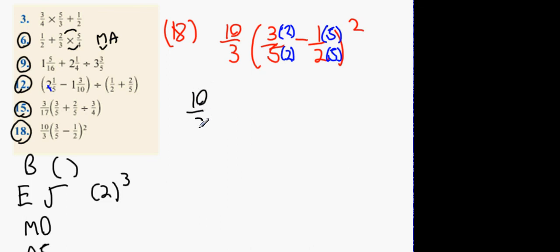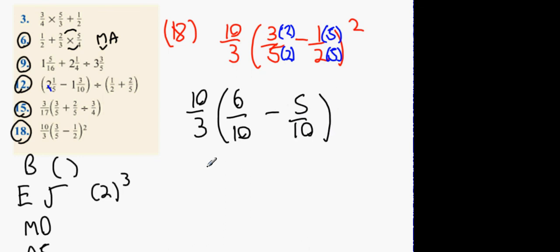6 over 10 minus 5 over 10. Now what happens? 6 tenths minus 5 tenths is 1 tenth. And what's 10 over 3 multiplied by a tenth? 10 over 30.